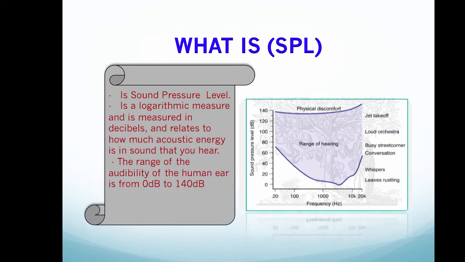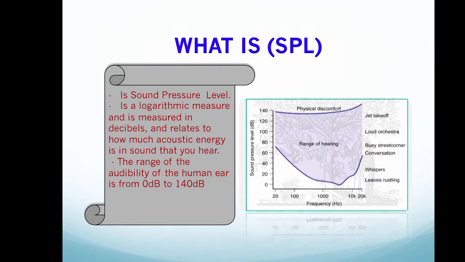What is SPL? It is sound pressure level. It is a logarithmic measure, measured in decibels, and relates to how much acoustic energy is in the sound that you hear.